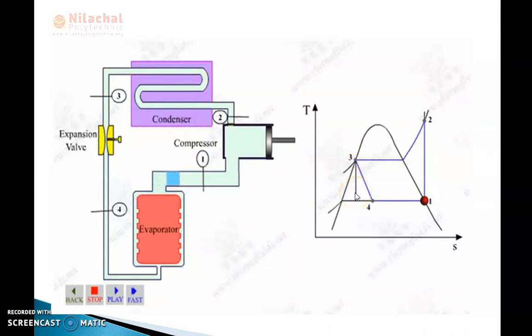But here, instead of the expansion cylinder, you are using the expansion valve. Why? Because to regulate or control the refrigerant flow, which is not possible if you are using the expansion cylinder. So this is the TS plot.